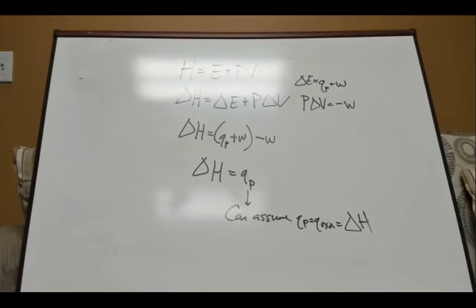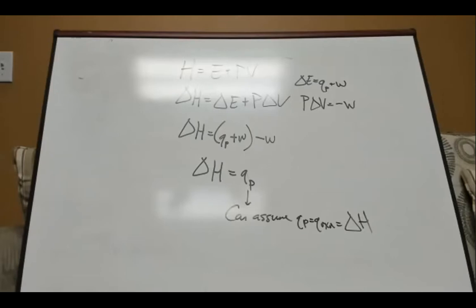And then P delta V is equal to negative work, because remember, it's the work done to the surroundings, and so that would be negative work. So we can plug in Q_P plus W for delta E and minus W for P delta V, and the works will cancel. What we get is delta H is equal to Q at a constant pressure.